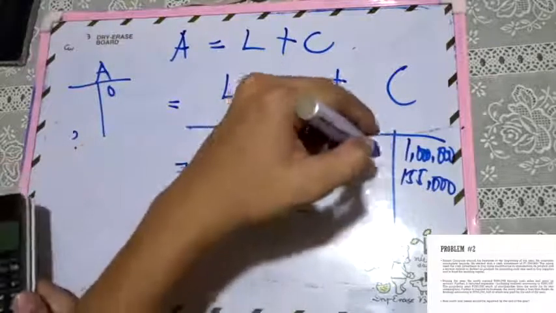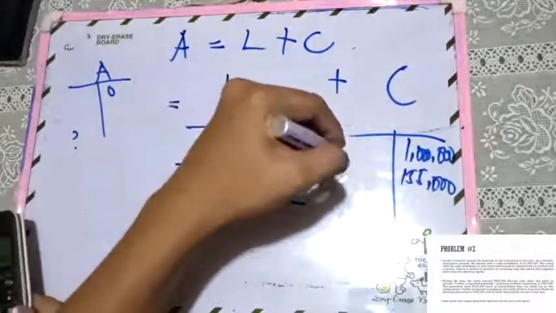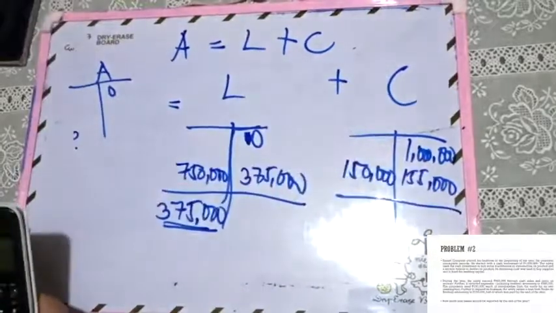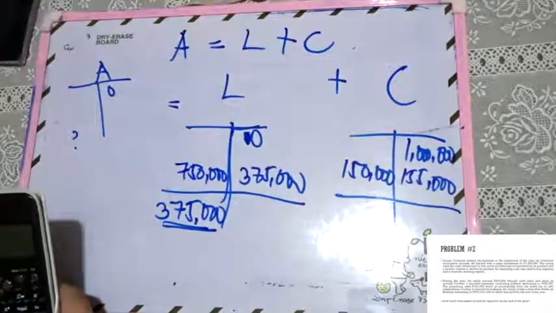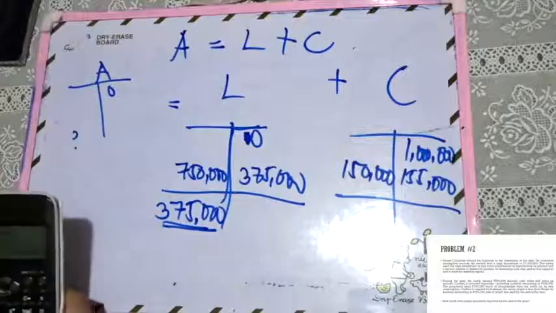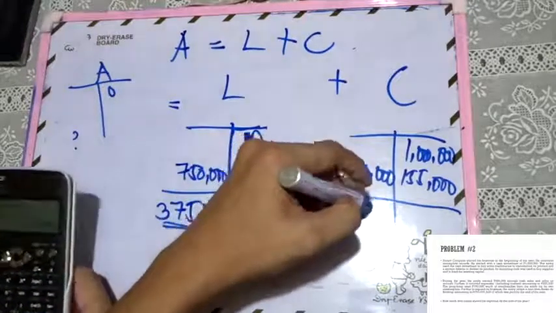That would mean it's a withdrawal of merchandise, a debit of 150,000. So the ending balance, you have 1 million plus 155,000 minus 150,000. You have an ending balance amounting to 1,005,000.